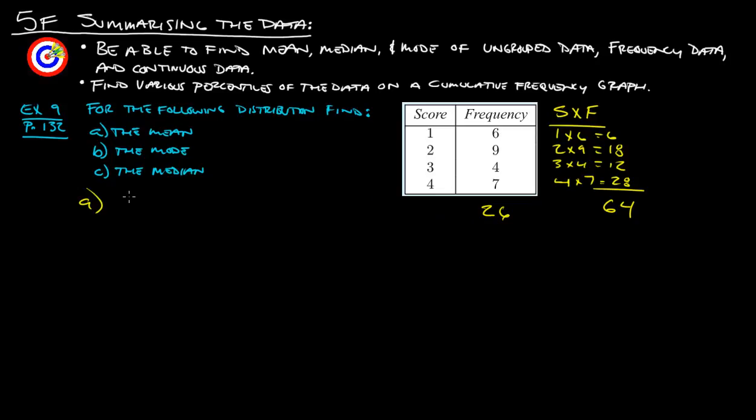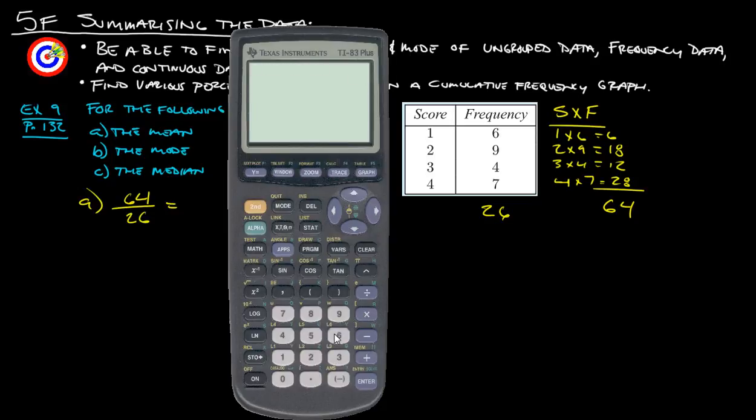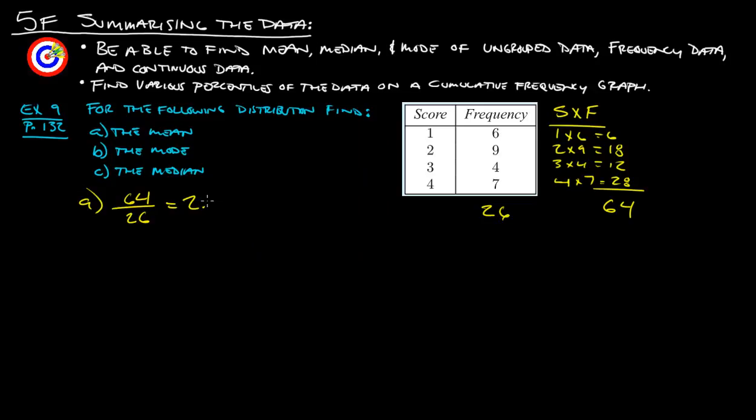So for part A, the mean, we're going to take 64 divided by 26, right? So 64 divided by 26, and we get 2.46. Alright, so there is our mean. We should probably label it, so 2.46 is the mean.